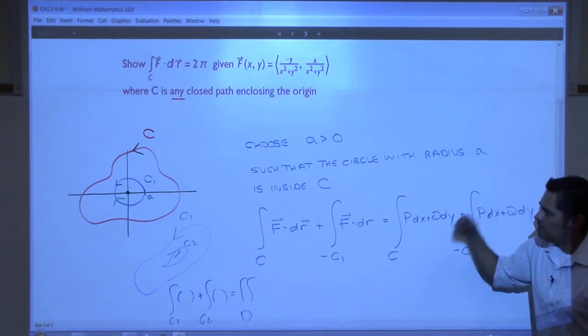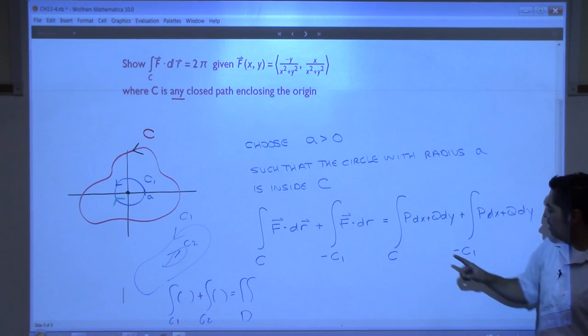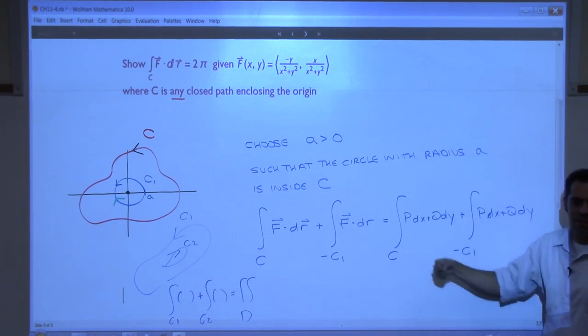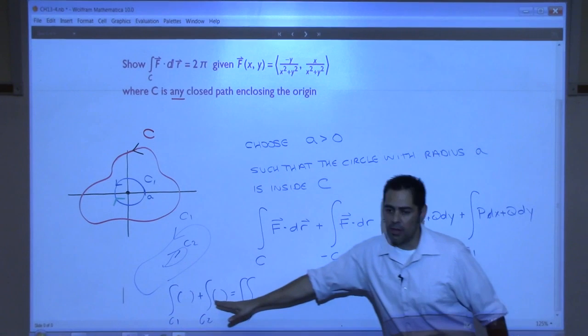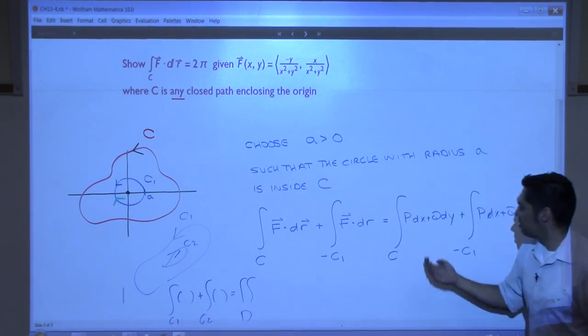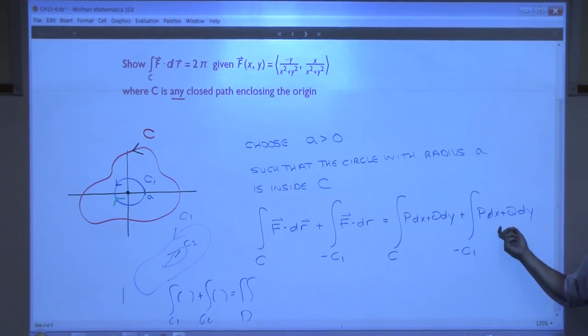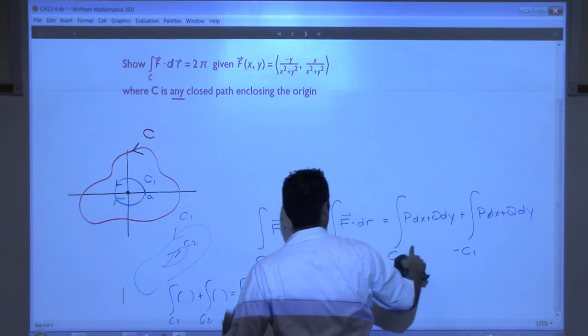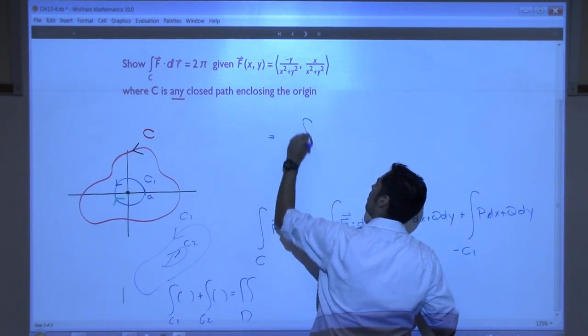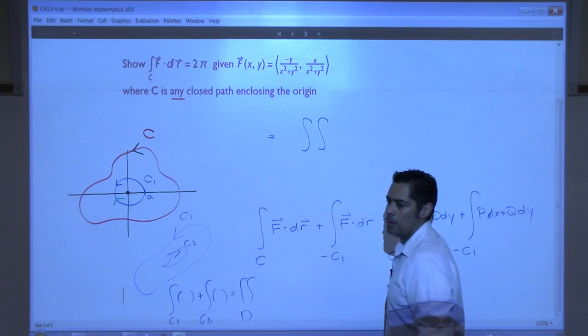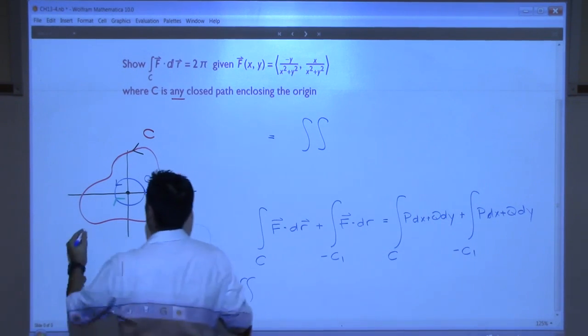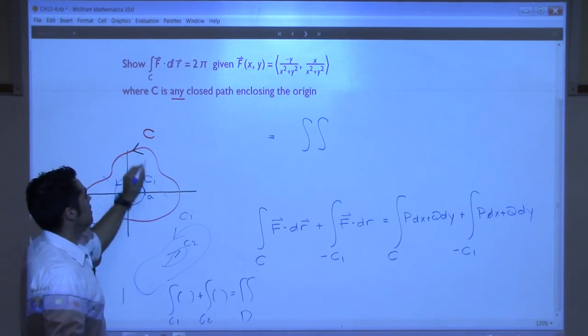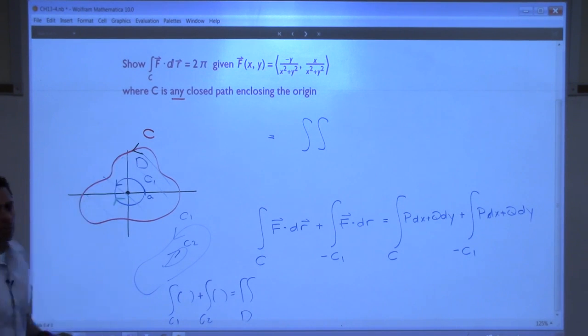Well, this C goes positively oriented. This negative C1 is negatively oriented, just like in the formula here. So shouldn't this turn into Green's theorem? Yes? Okay, keeping the equals going here, this should be equal to the double integral over what? The entire thing, that's D, right? Or is it without the circle?